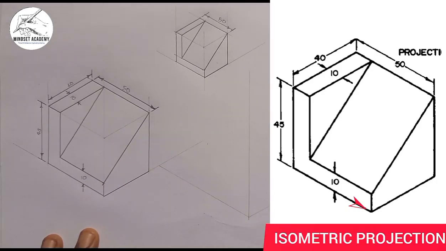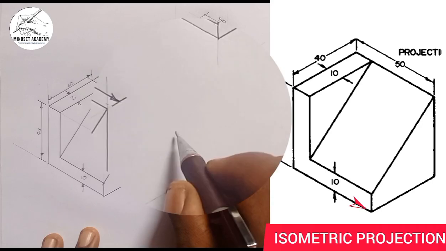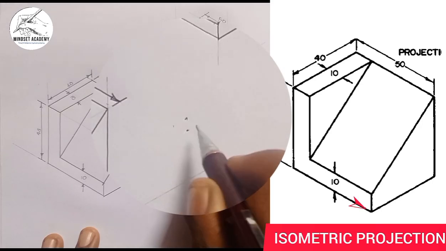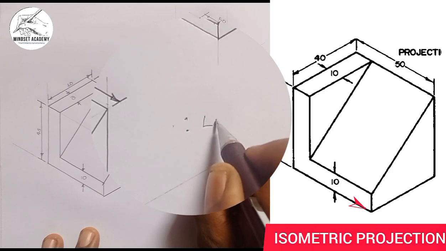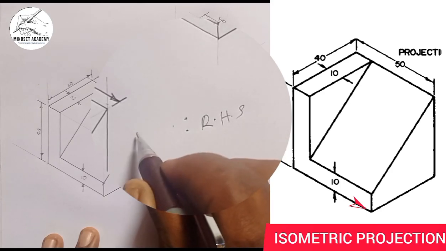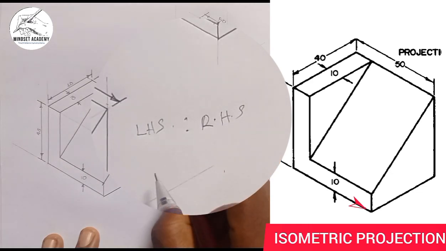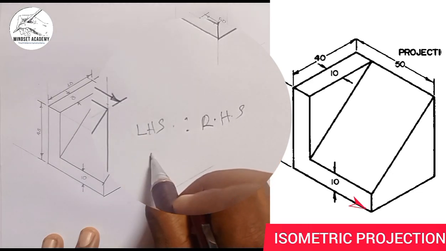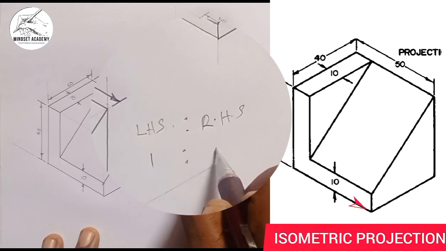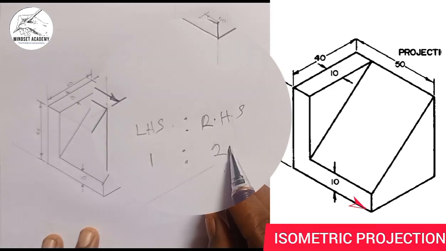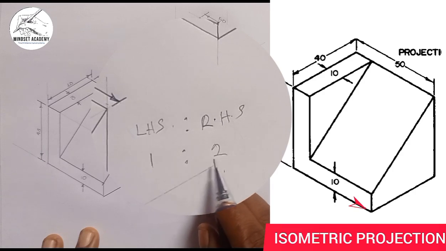So another thing you need to understand is if I have a scale, like I have this ratio here, and I have the right hand side, and I have the left hand side. If the left hand side is 1 and the right hand side is 2, that means if the right hand side is bigger than the left hand side, you are about to reduce.